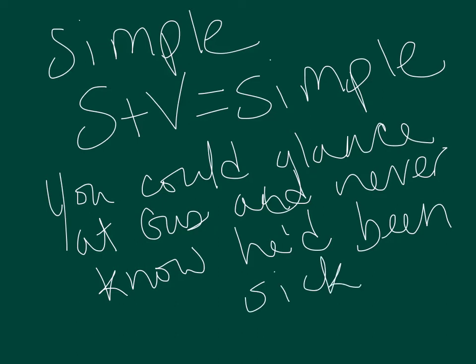So notice, even though it's a subject-verb combination, a lot of other words, of course, go into it as well. There are adjectives, there can be adverbs, there can be a multiplicity of proper nouns, but in essence, this is a subject and a verb equaling a simple sentence.